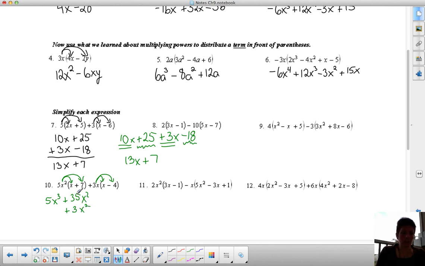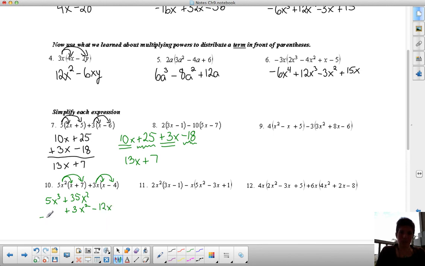Notice how I lined up my like terms, that this 3x squared can combine with 35x squared, not 5x to the third. So make sure that when you use that vertical format, you're lining up proper terms. I've got one more multiplication, 3x times negative 4, so negative 12x.